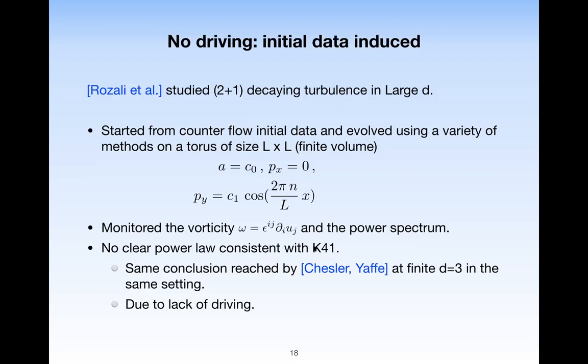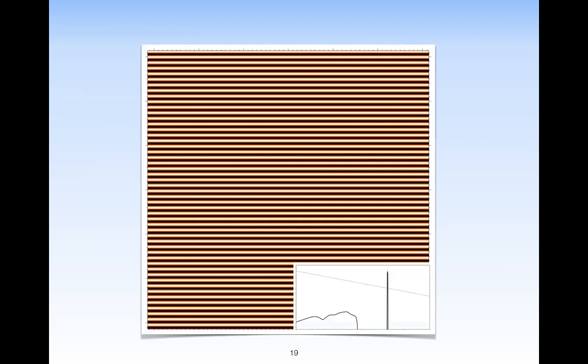Actually, Chesler and Jaffe had done a very similar simulation, but in finite D and in particular in AdS4, and they pretty much reached the same conclusion. The reason why they couldn't see the agreement with K41 was essentially the lack of driving. Okay, so let me show you the simulation.